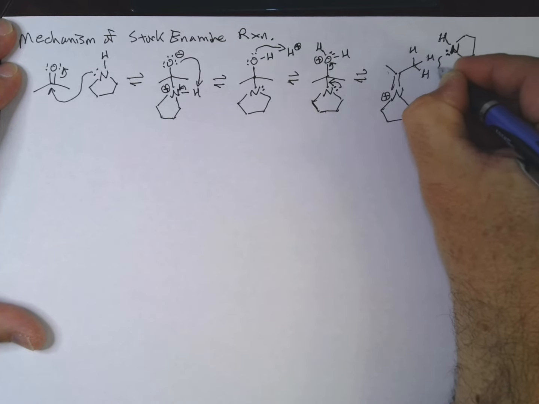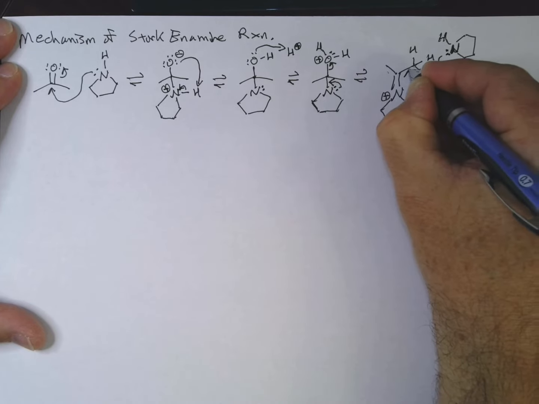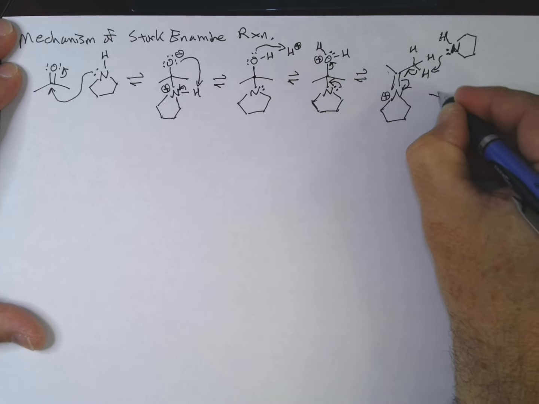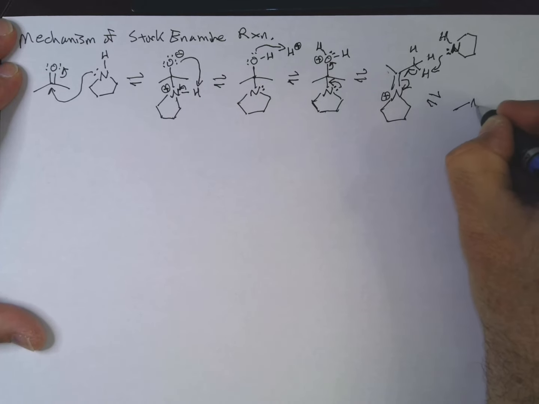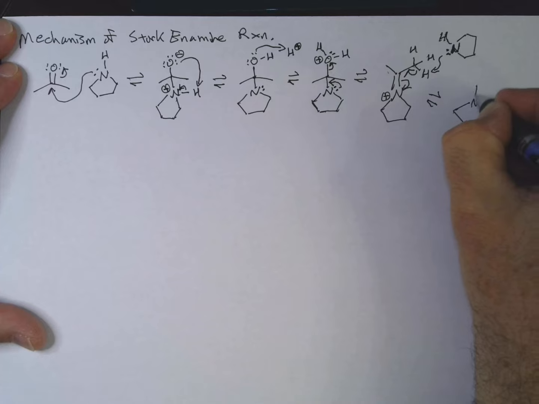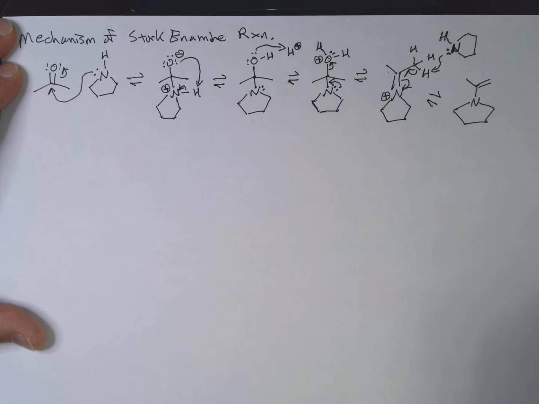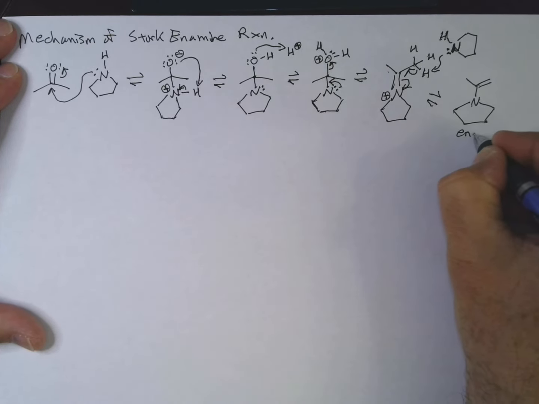So we'll go ahead and deprotonate there. Those electrons will go there, and those will go up there. And that gives us now our enamine.